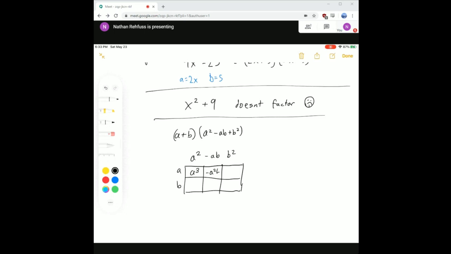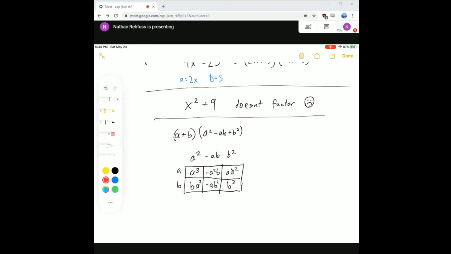I'm multiplying like terms, so a times a squared is a cubed, a times negative ab is negative a squared b. Yeah, doesn't matter what order they go in. This is ab squared. This is b times a squared. And this is negative ab squared. And this is b cubed.